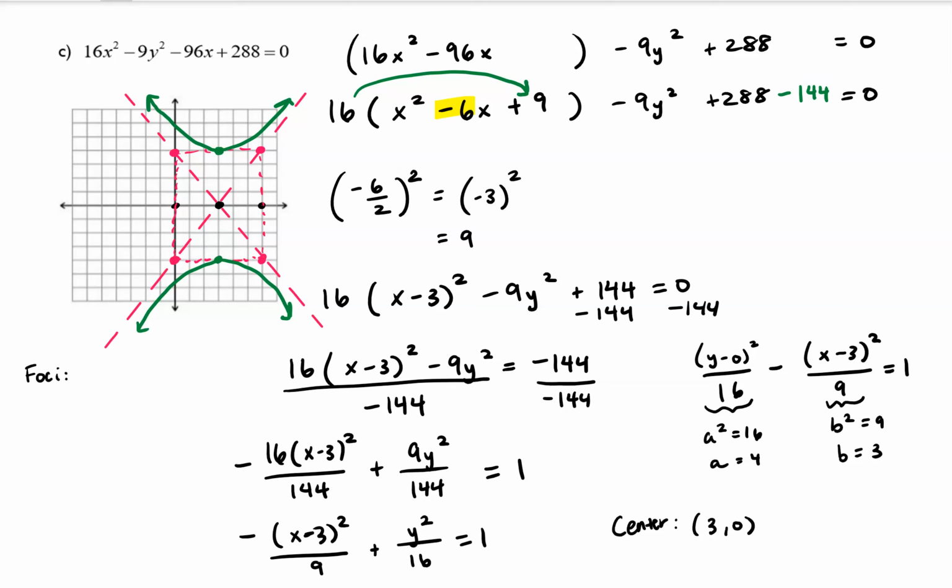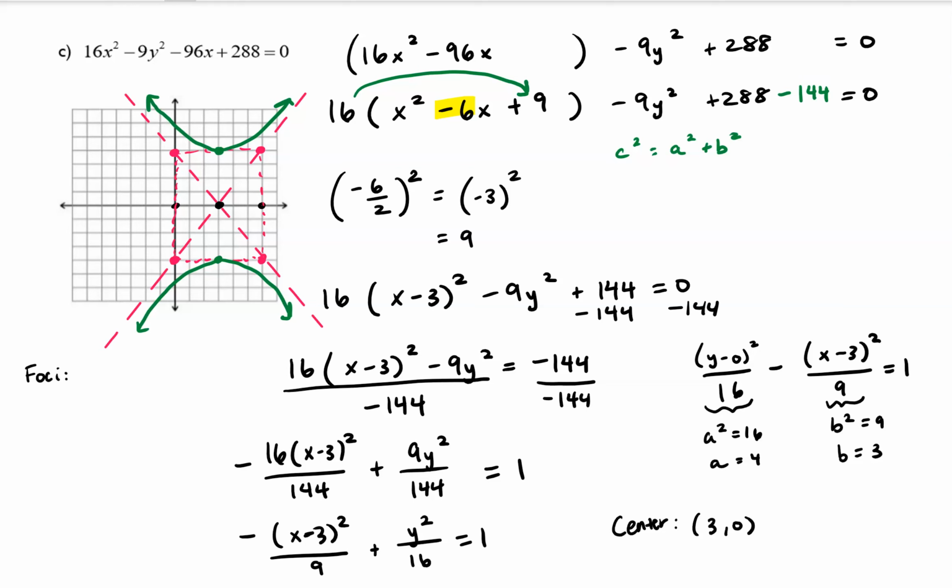It doesn't ask for this, but if we wanted to locate the foci, we would need to calculate C by using the equation. I'm running out of space, so I'll do it over here. C squared is equal to A squared plus B squared. Please notice that the way that you find the foci is different whether you are doing a hyperbola versus an ellipse.